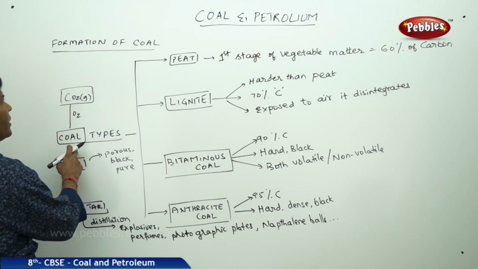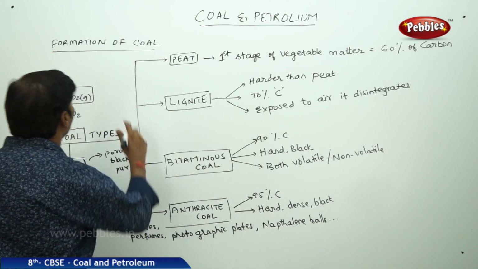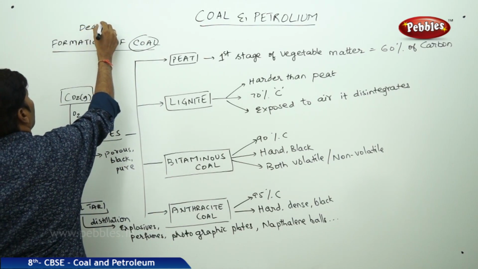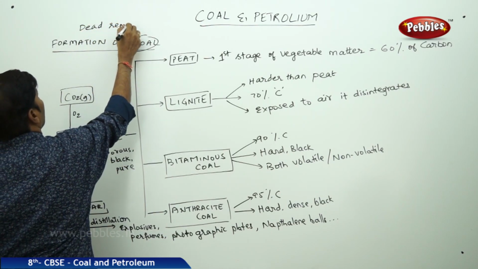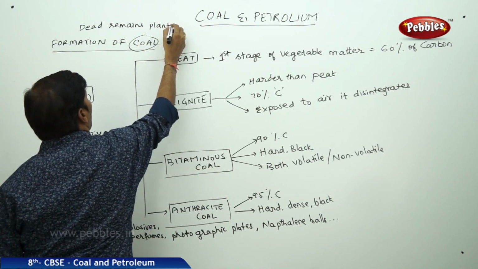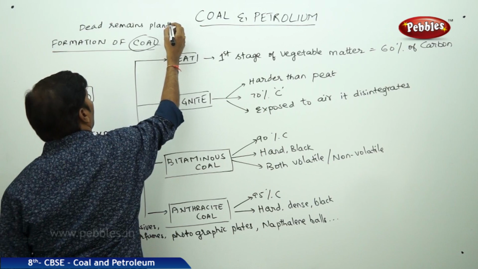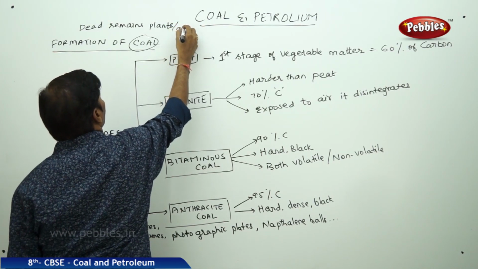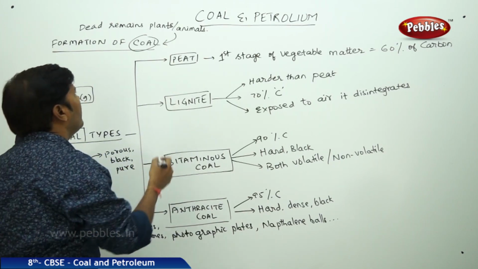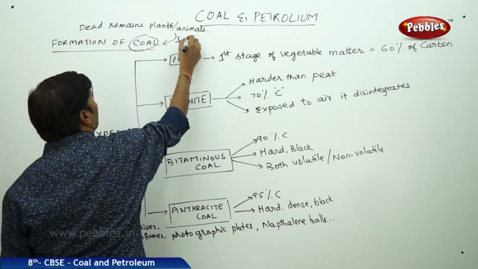This coal which is obtained, from where are we trying to get the coal? From the dead remains of plants and animals. We got coal in the form of fossil fuels.